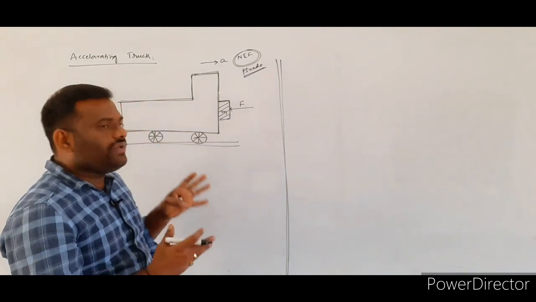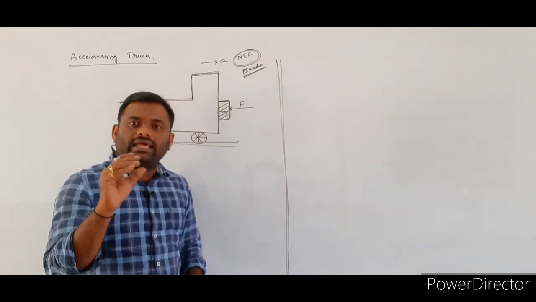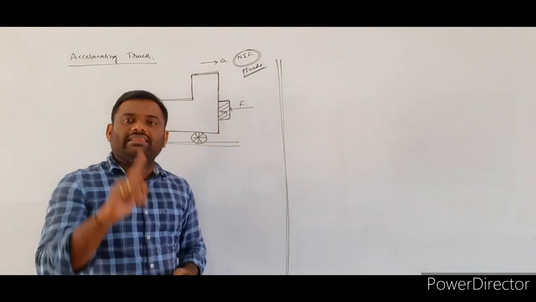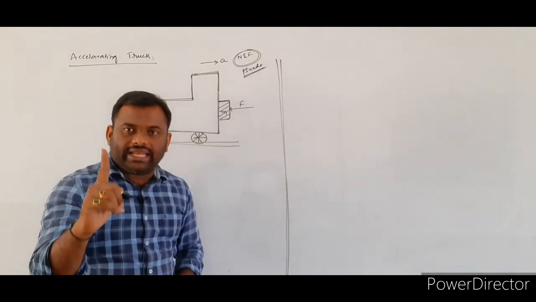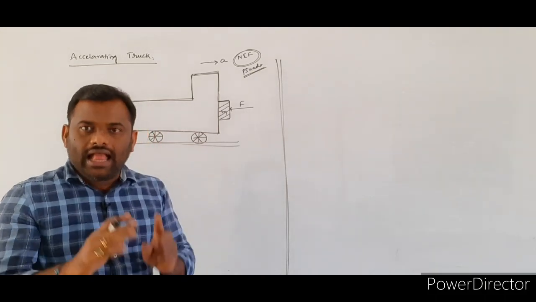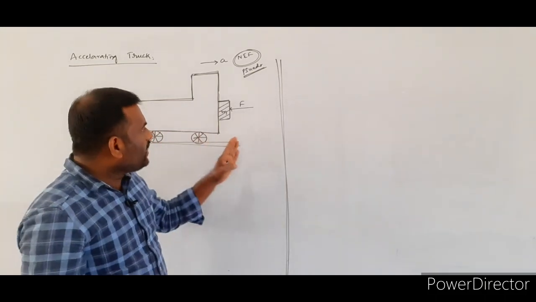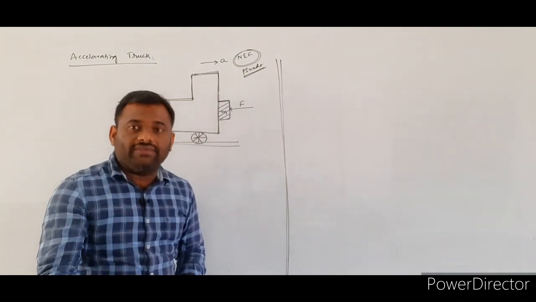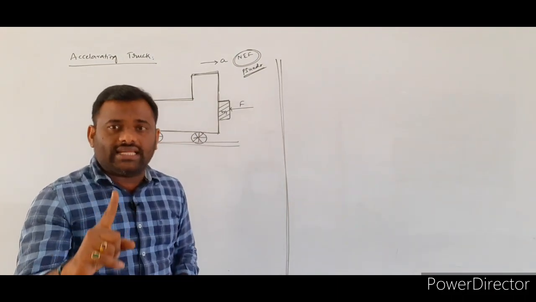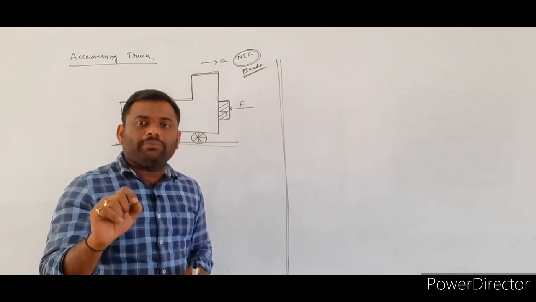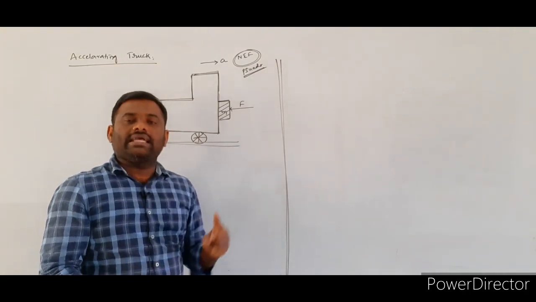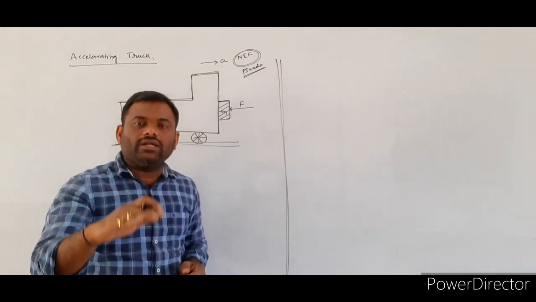What we are going to discuss here is an object of mass m kept at the front surface of the accelerating truck. Over the block of mass m, we can't apply any external force, and the block itself should stay at rest and should not fall downwards.